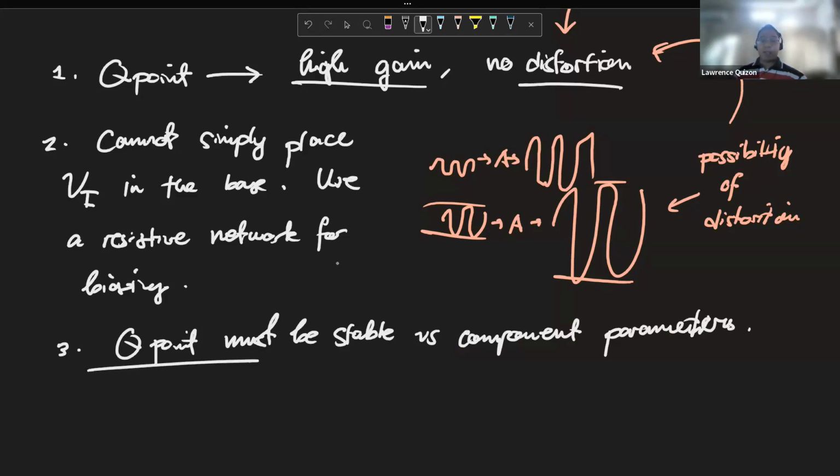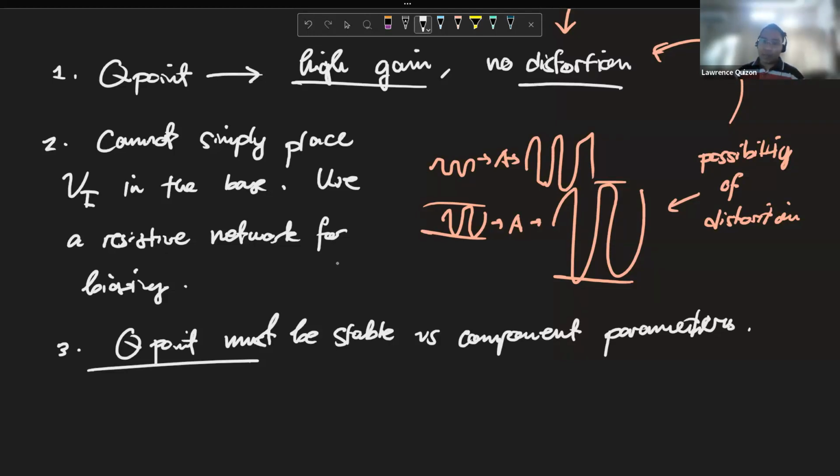Though to be honest, this third point is not really too much of a consideration, though we will perform some calculations involving how much the Q point changes versus, say, beta and alpha of the transistor, no, or IS, no. So, well, one practical consideration where you're making actual circuits is the fact that you want it to be stable against component parameters, no?